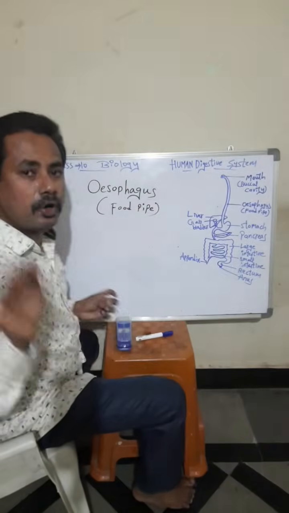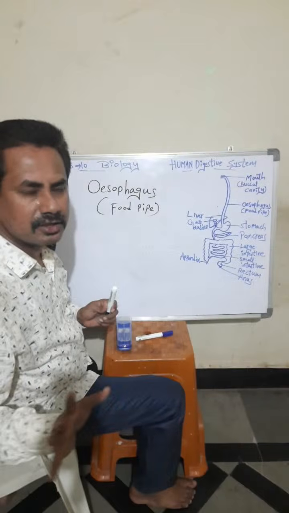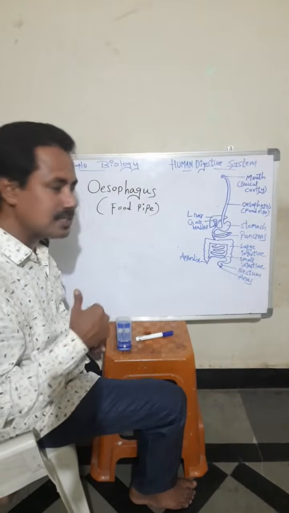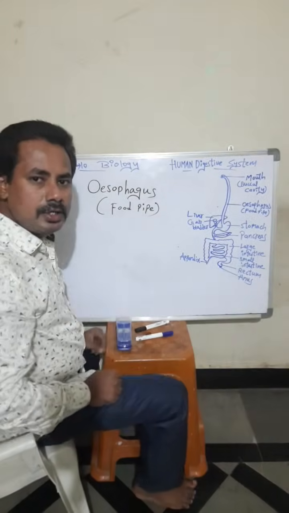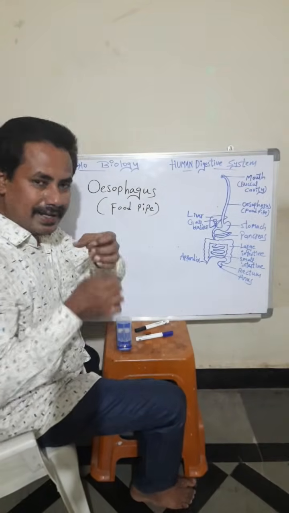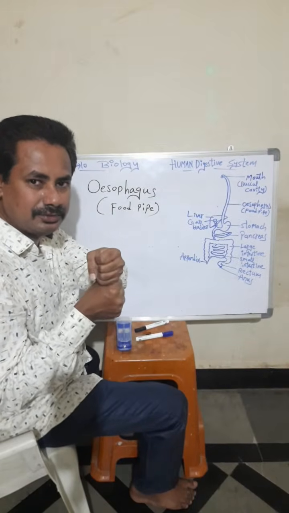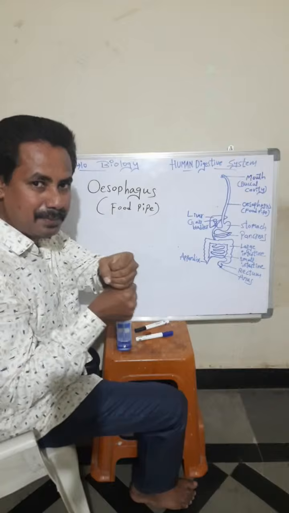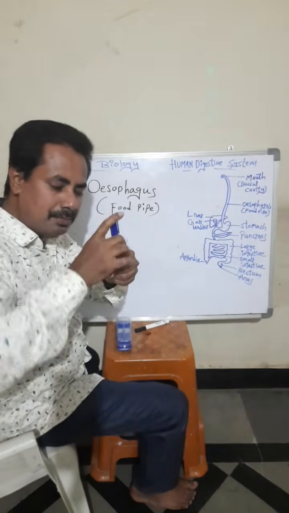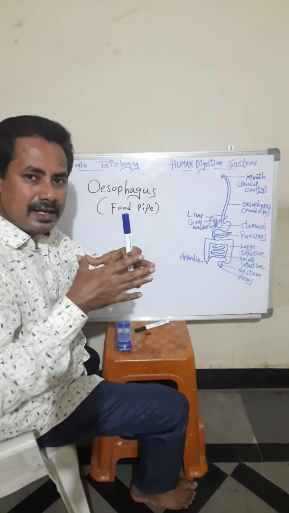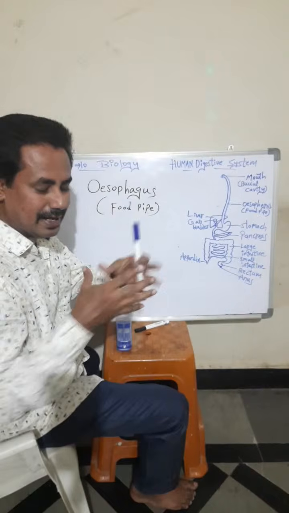In the food pipe or esophagus, no digestion takes place. Nothing takes place here. So what happens, sir? The food will just move. Actually, the esophagus is very contracted, a very thin pipe. When the food comes, the esophagus will expand, relax.